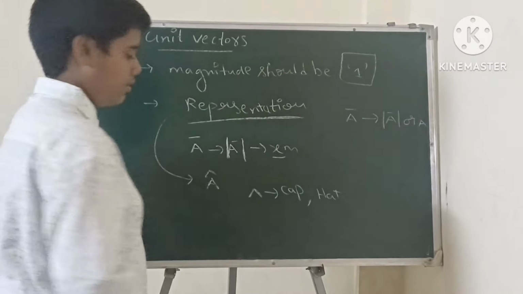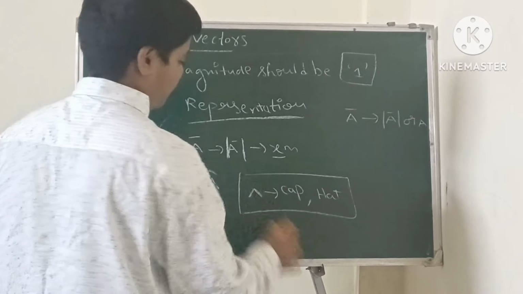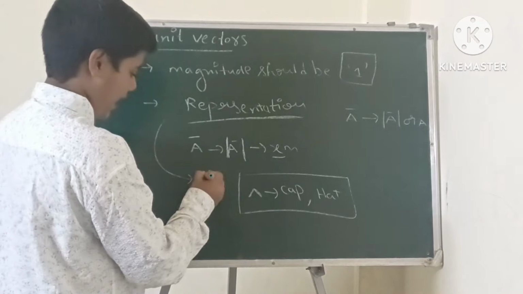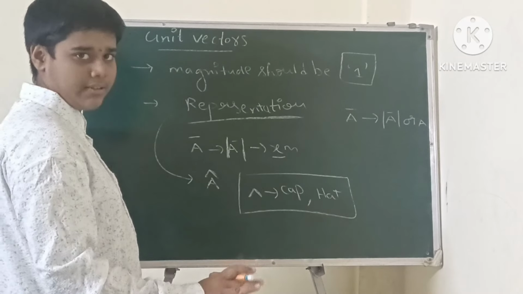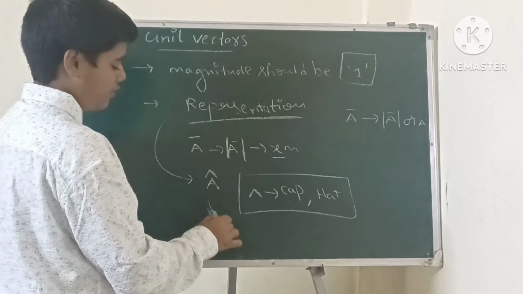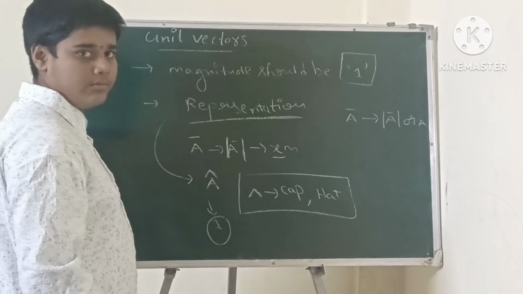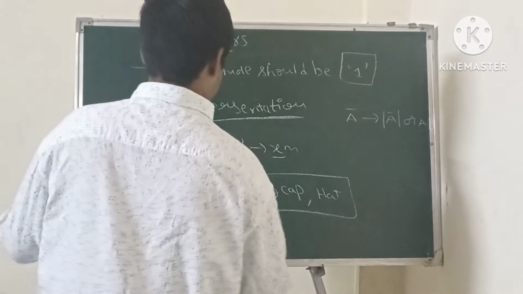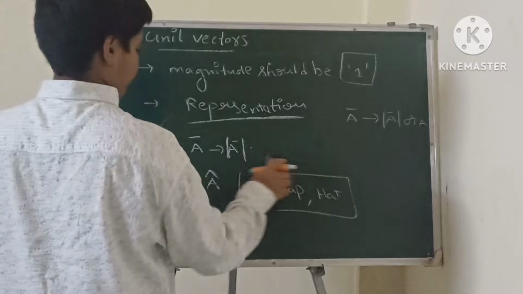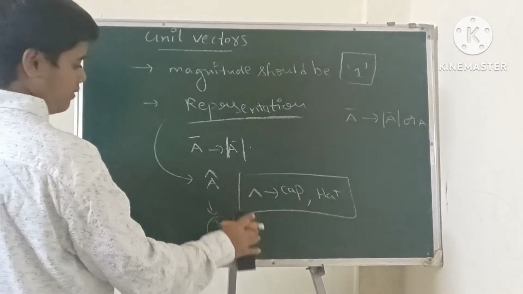We can take either of them, cap or hat. So A cap is a unit vector which has magnitude only 1.